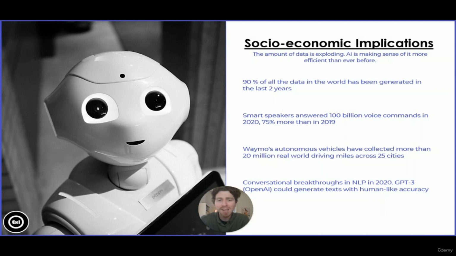Thinking about mobility, Waymo from Google, their autonomous vehicles collected more than 20 million real-world driving miles across 25 cities. And as I mentioned earlier on, the winners in the automotive industry in the future won't be the ones which have the strongest cars or the most beautiful design, but rather the ones who have the best AI capabilities.